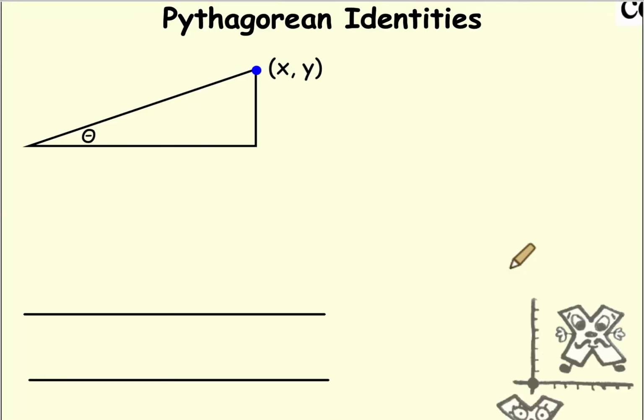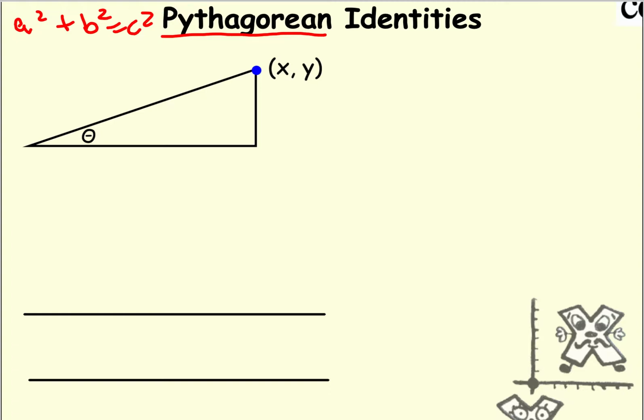Okay, so now we're going to look at Pythagorean identities. And yes, you're right, Pythagorean identities are based on the Pythagorean theorem. Remember, the formula for the Pythagorean theorem is that a squared plus b squared equals c squared, where a and b are the legs of a right triangle and c is its hypotenuse.